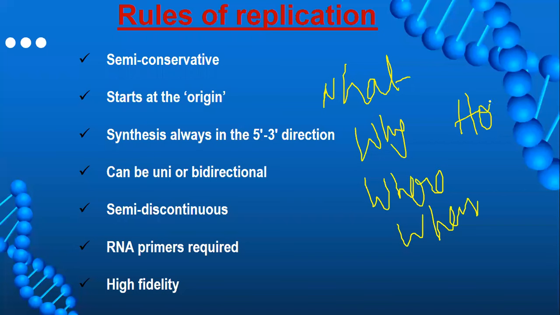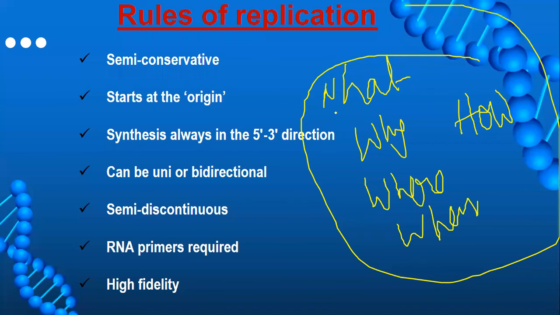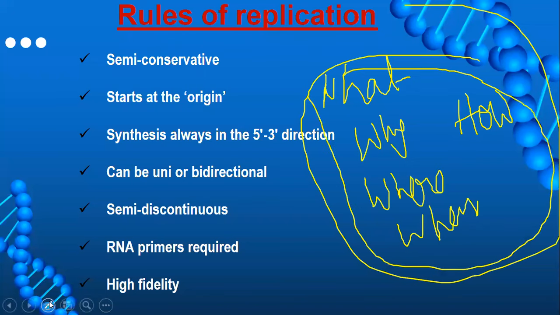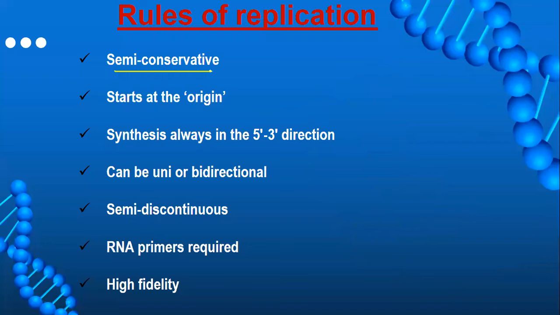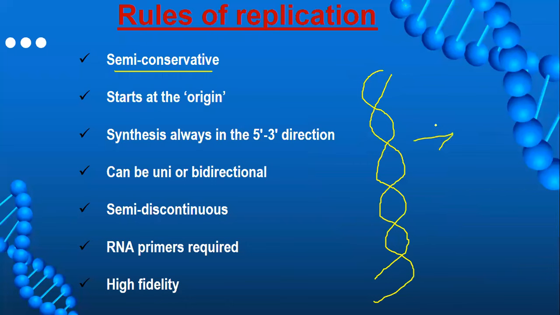If you apply these five points, however difficult the concept may be, it will become easier. Never try to learn by heart; try to apply these terms. Now listen, what is this semi-conservative model? We studied that Watson and Crick proposed the double helical structure of the DNA.